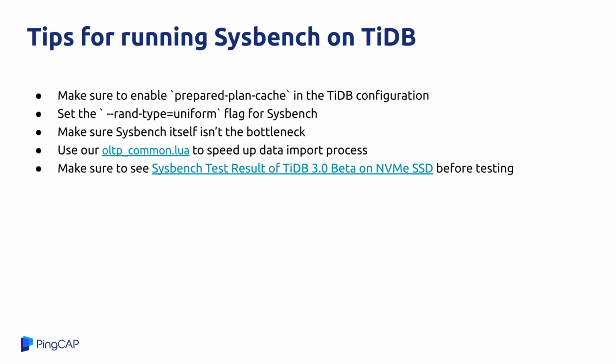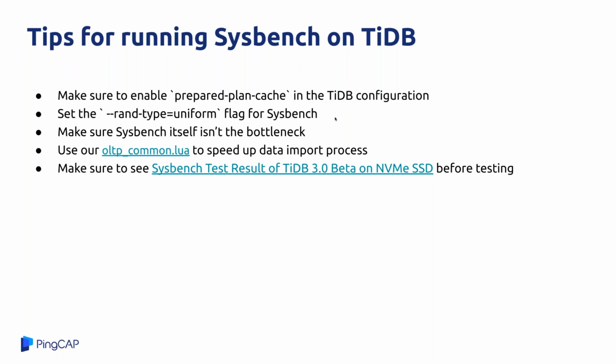Before we start the demo, because we are going to have a long demo today, I want to share some tips for running Sysbench on TiDB. The first thing is make sure you enable the prepared plan cache in the TiDB configuration. It will reduce the TiDB server CPU cost dramatically.